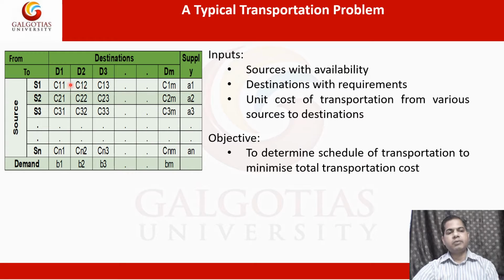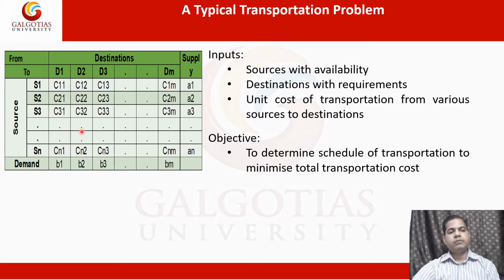It might be that some portion goes to D1 and some portion to D2, or it might be possible to allocate everything to one. C11 is the cost of transporting one unit from S1 to D1. Similarly, C32 is the cost of transporting one unit from S3 to D2, and so on for S3 to D3.